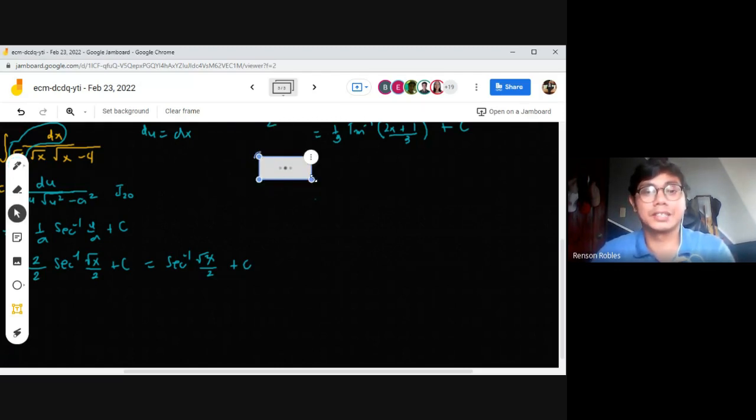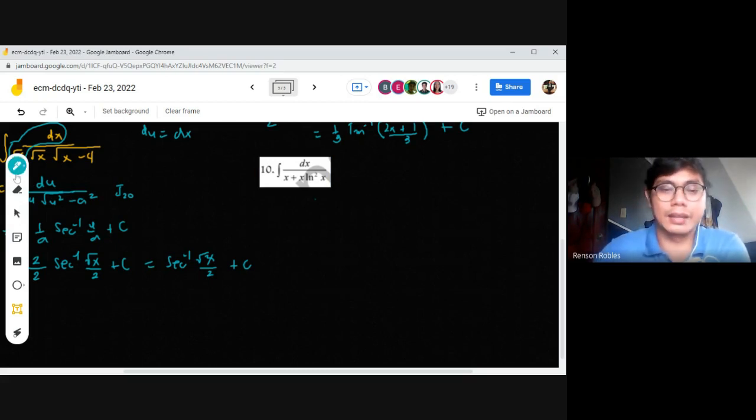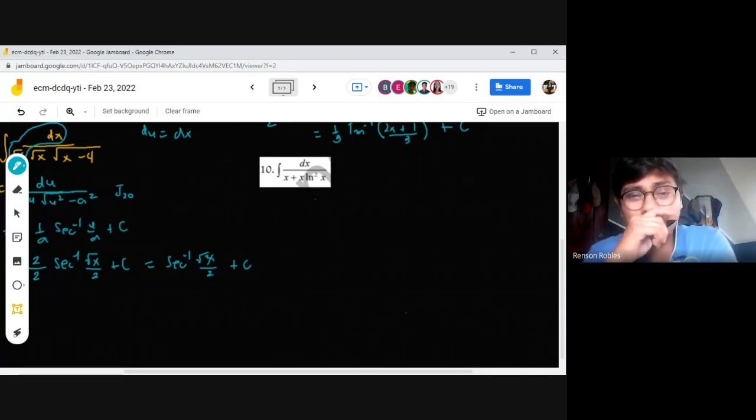From the exercises on page 15, integral of dx all over x plus x ln square x. Saan siya papunta? This is the formula. Nabura ko na. Sorry. Probably tangent po kasi walang square root. Let's see.